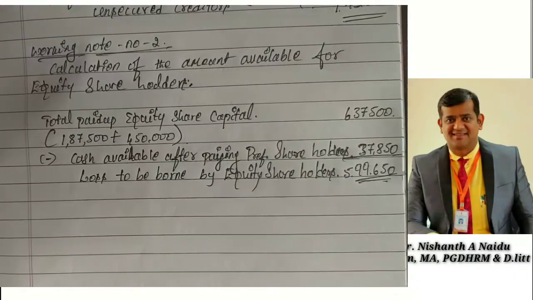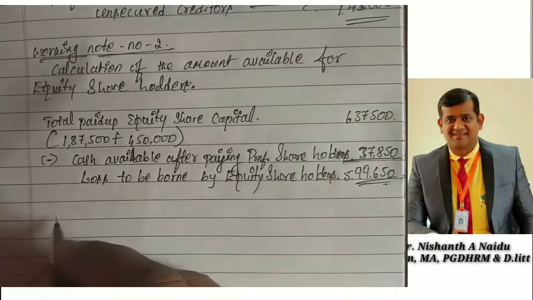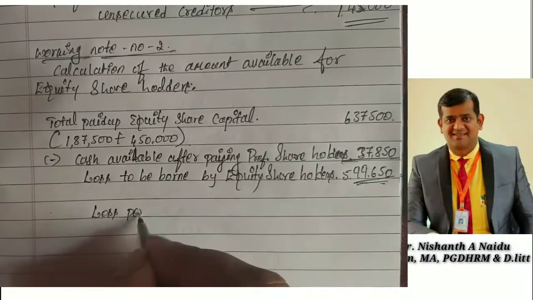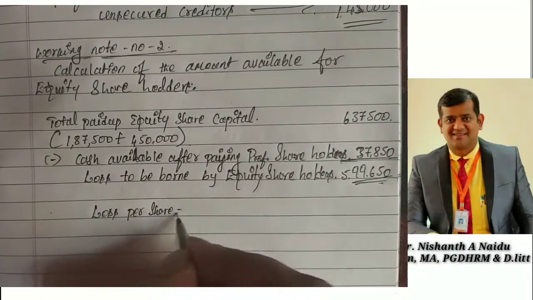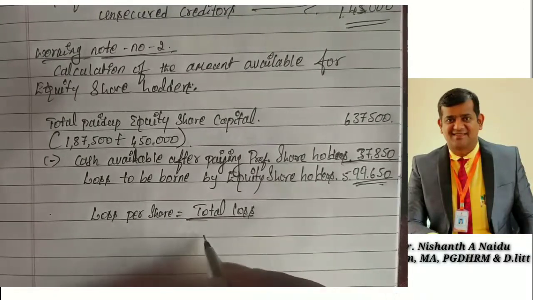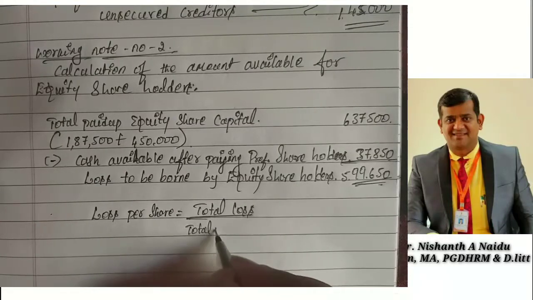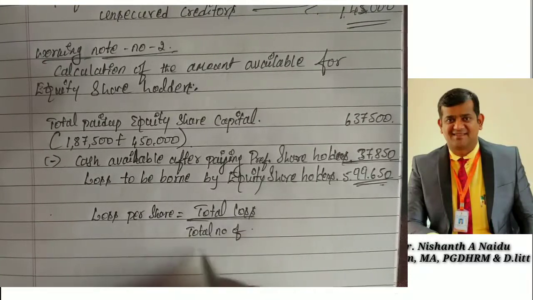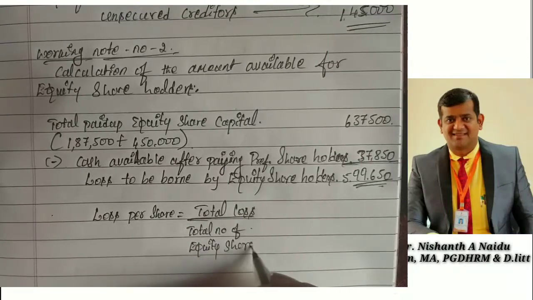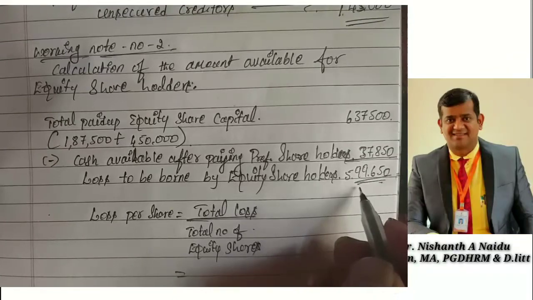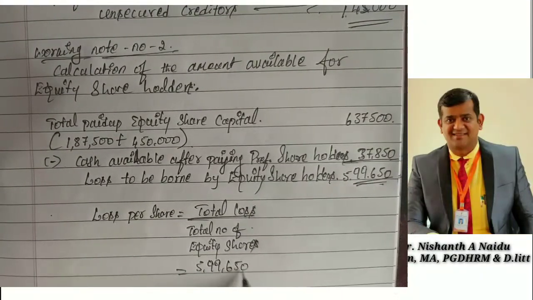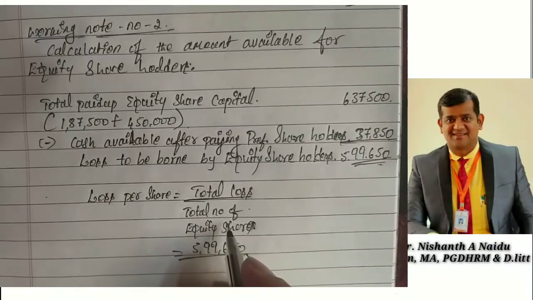So now let us calculate the loss per share. Loss per share equals total loss divided by total number of equity shares. The total loss is 5,99,650, divided by the total number of equity shares.